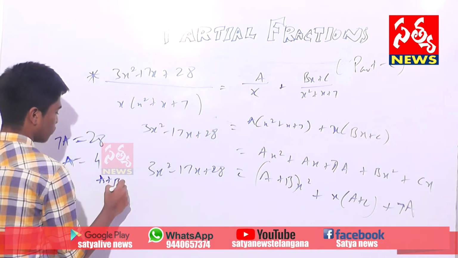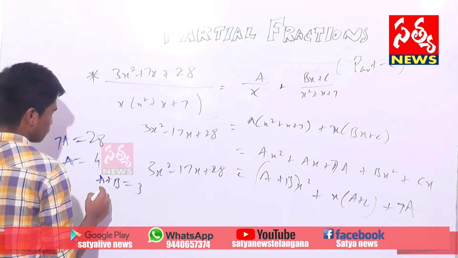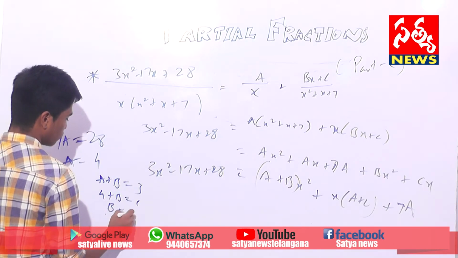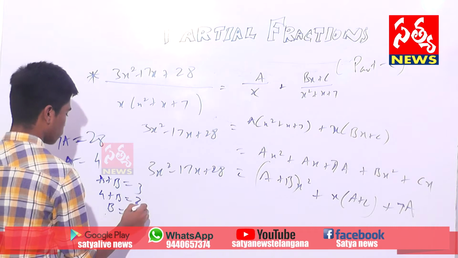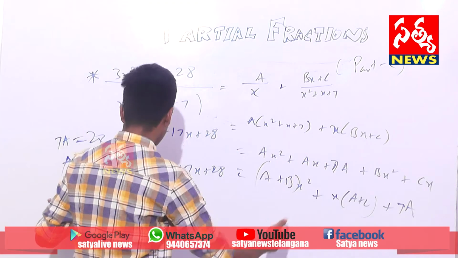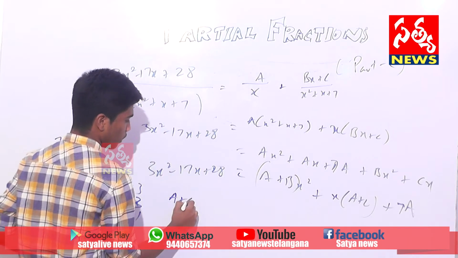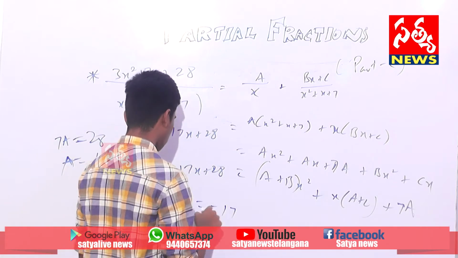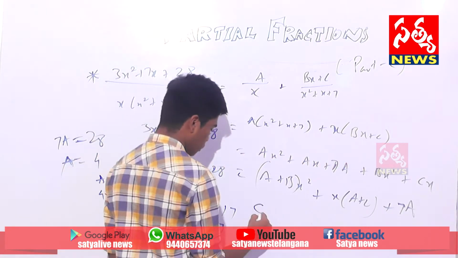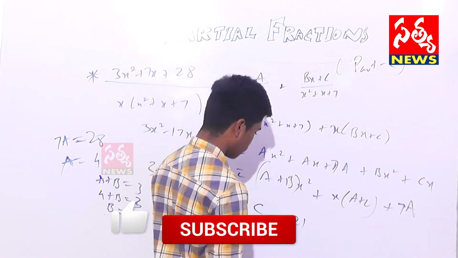So A is 4, plus B is equal to 3, so B is equal to minus 1. Next, find the value of C. A plus C is equal to minus 17, where A is equal to 4, plus C is equal to minus 17. C is equal to minus 21.